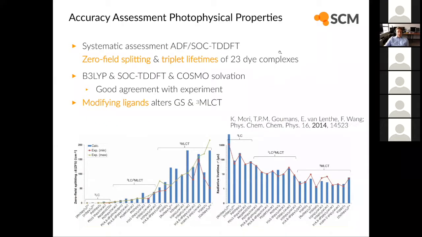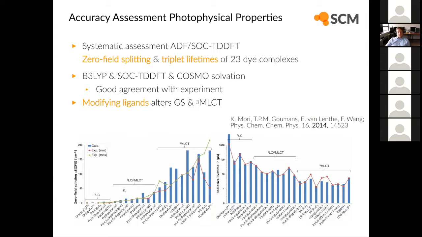An example, or basically a systematic study of how good ADF is in describing such systems, was done in the past by some of my colleagues, and they were performing spin-orbit coupled time-dependent DFT calculations on a series of 23 different OLED dye complexes, and they were assessing the zero field splitting energies and the lifetimes of the triplet states and comparing the results with the experiment.